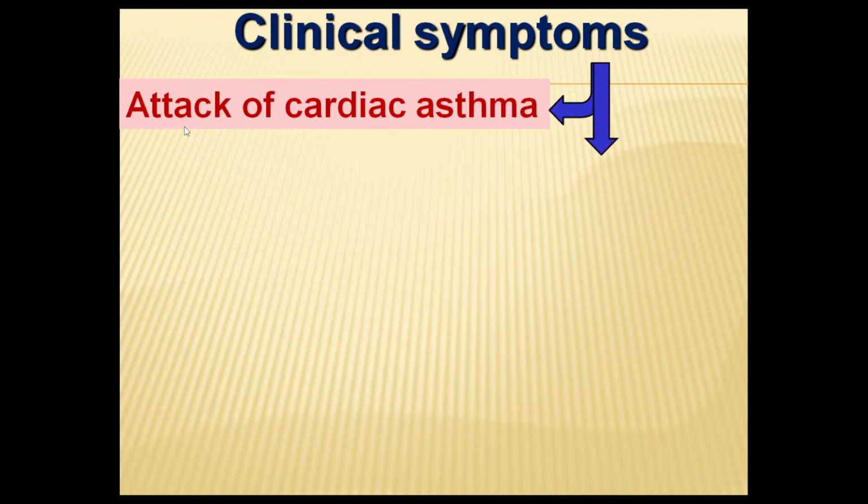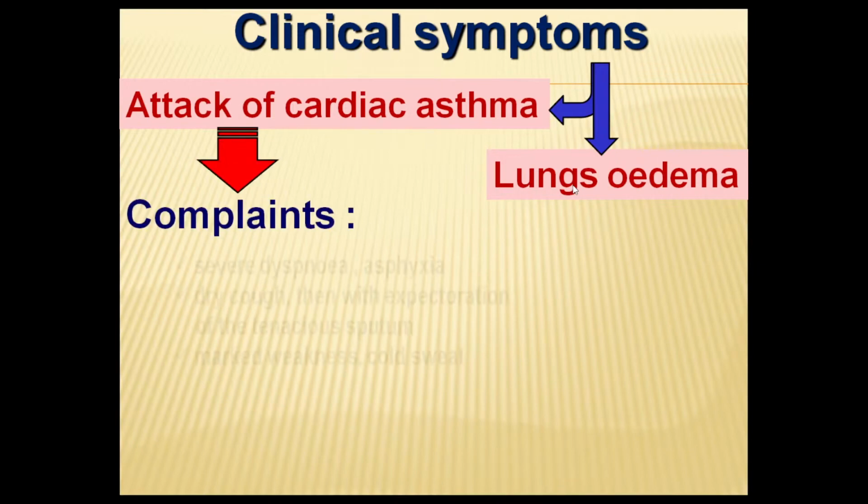Then blood goes to the alveoli, we are talking about lung edema. The clinical picture of acute left ventricular failure can be divided into two periods: cardiac asthma and lung edema, and the doctor has sometimes to help the patient and prevent his death.